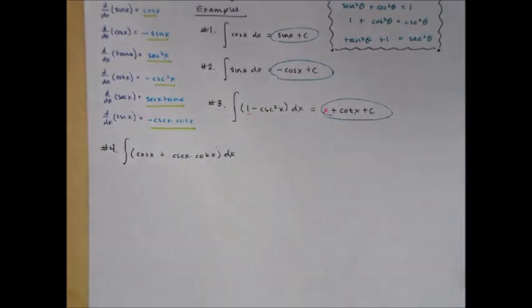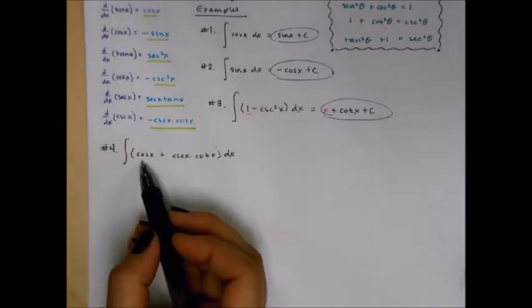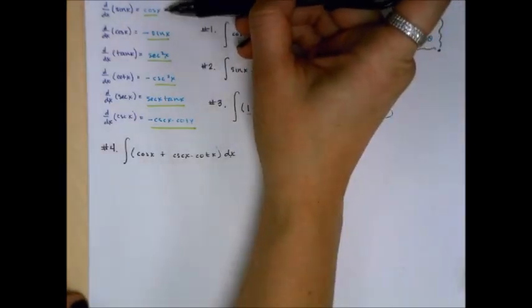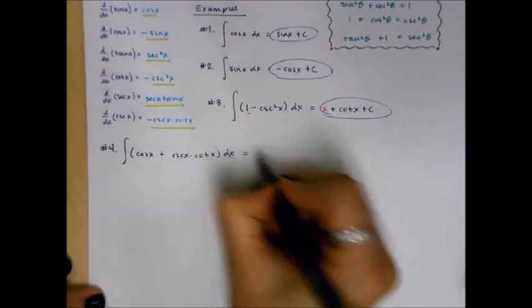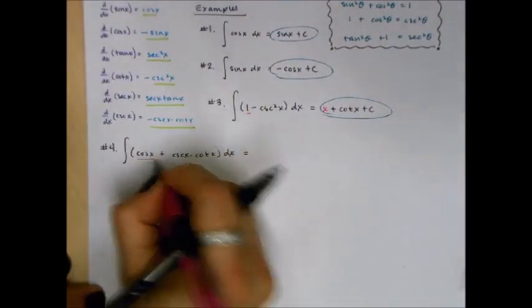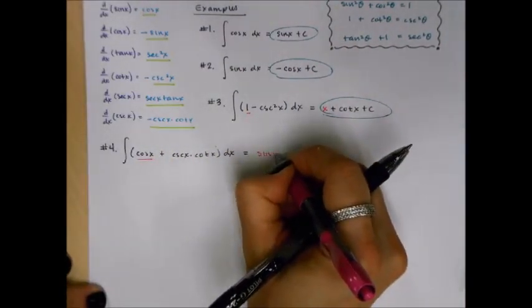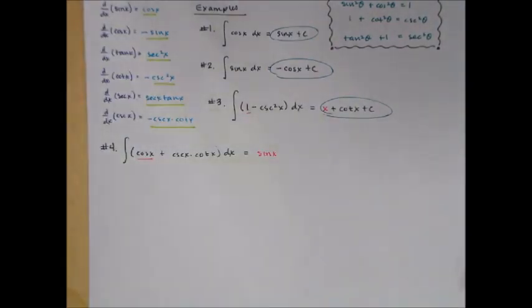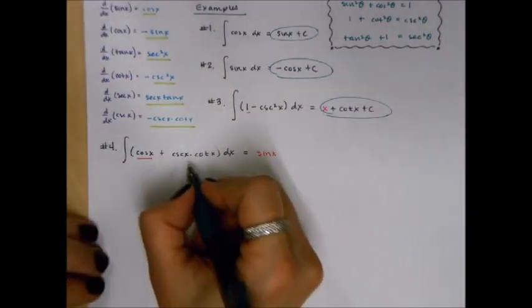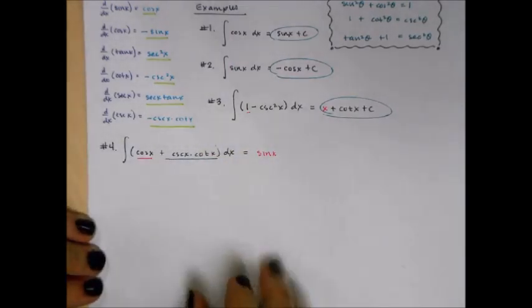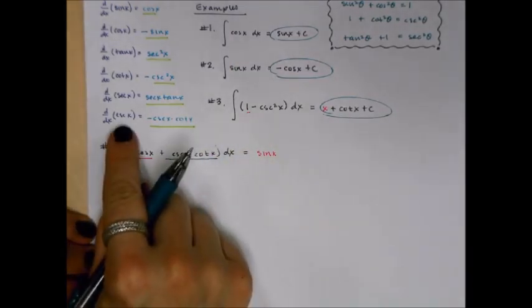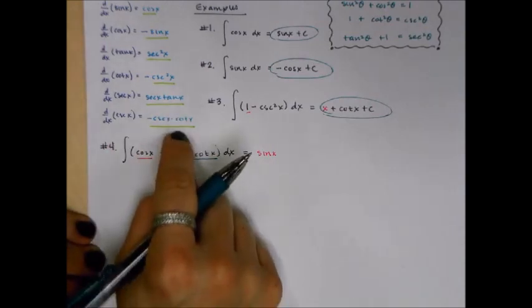So we're going to start here with integrating cosine. Integrating cosine gets me back to sine because the derivative of sine is cosine. So this piece becomes sine x. The next piece, I'm looking for whose derivative is positive cosecant cotangent, while the derivative of cosecant is negative cosecant cotangent.